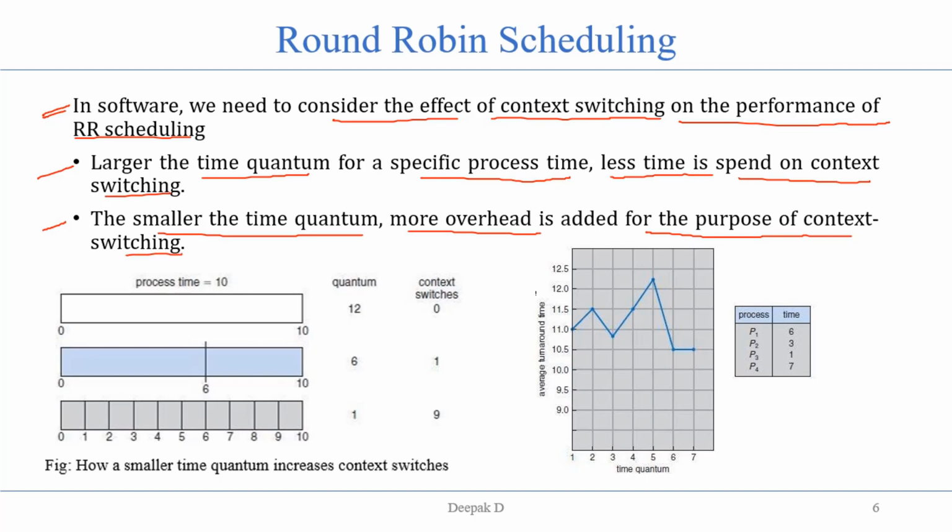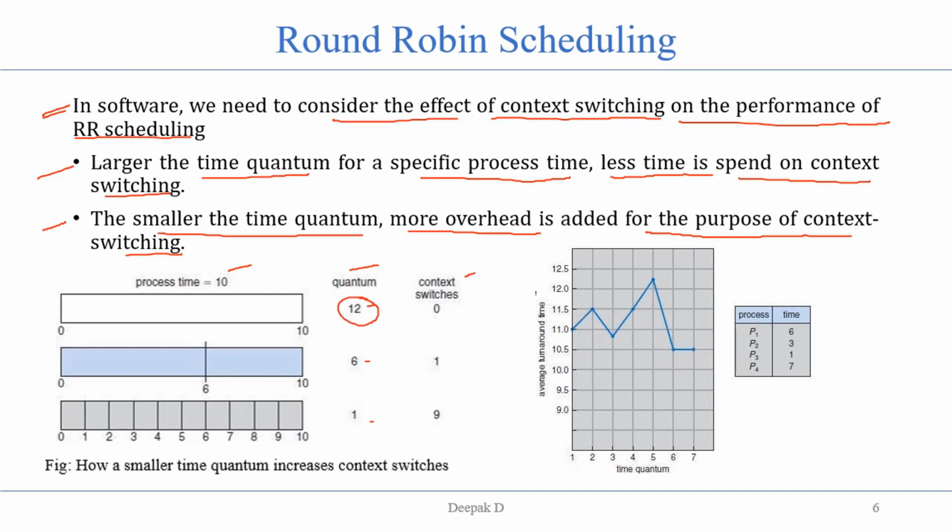The process time is 10 and the time quantum has been given as 12, 6 and 1, and the respective context switching is also given here, 0, 1 and 9. So assume that the process has a burst time of 10. If the time quantum is 12, then there is no need of context switching.